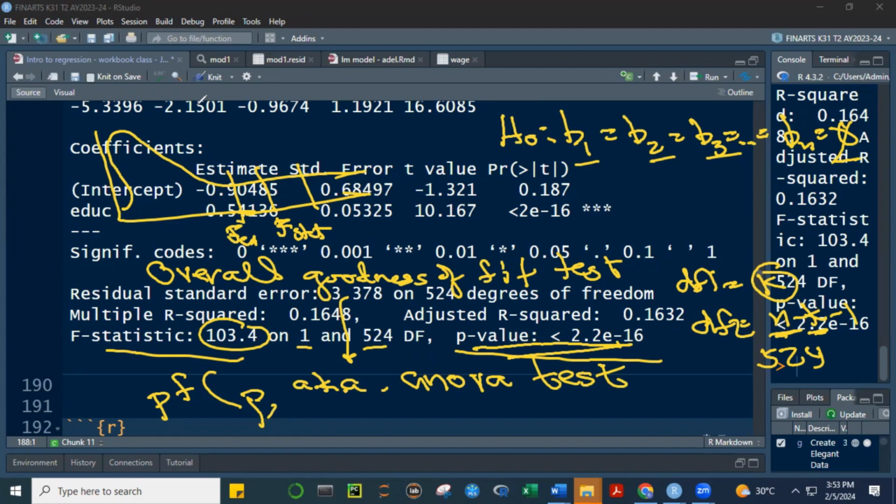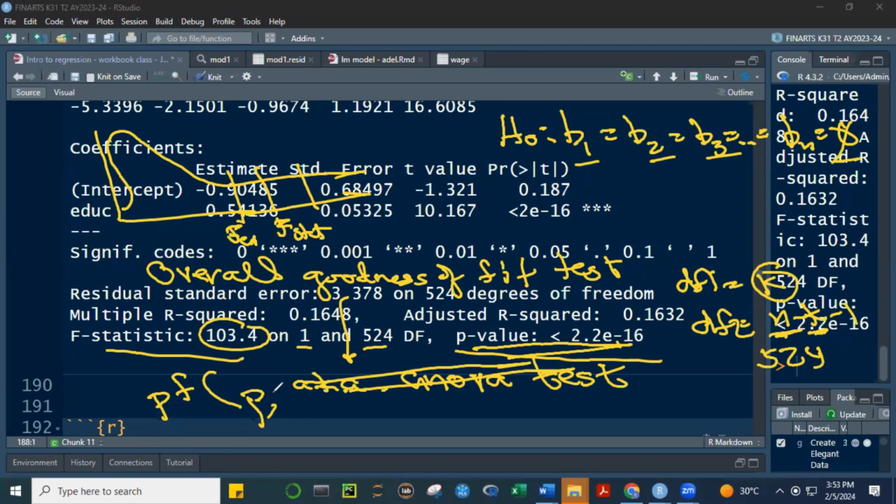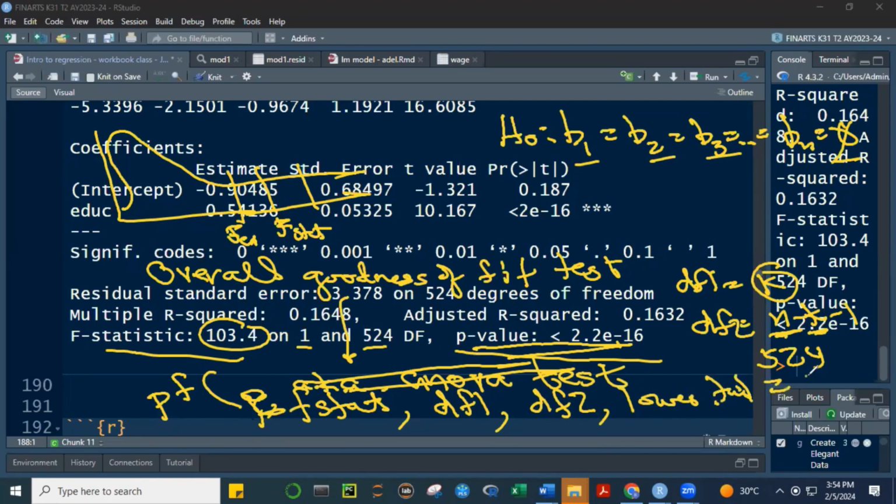Hinahanap yung F stat. Tapos hinahanap yung degree of freedom 1, degree of freedom 2, dalawa. Right? At saka lower tail. Is equal to FALSE ito, no? Kasi wala tayong lower tail. Dito lang tayo sa right tail lang.